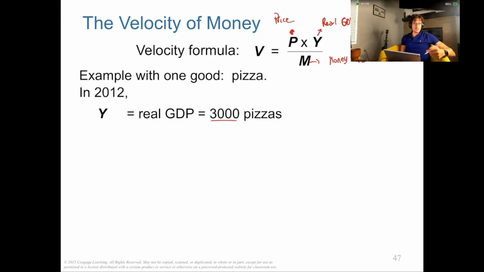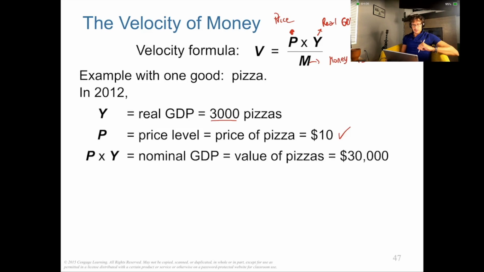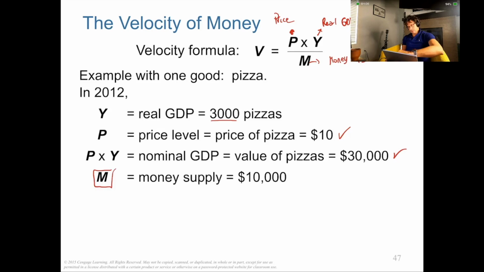Then we need a value for the average pizza. So the price level, the price of a pizza, is equal to $10. So the nominal GDP is equal to $30,000. Money supply, let's assume, is equal to 10,000. Now the question is, what is the velocity? It is very simple, actually, to find this number.